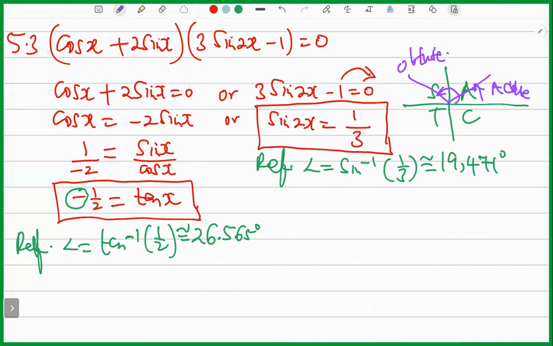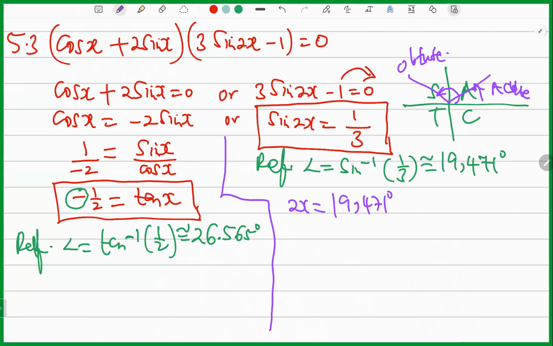So we have this, and then what is our x? All right, so this is what we get. We are able to see, therefore, that 2x is the acute angle, which is exactly 19.471 degrees.